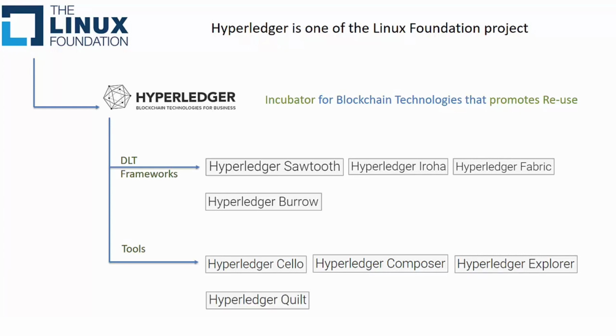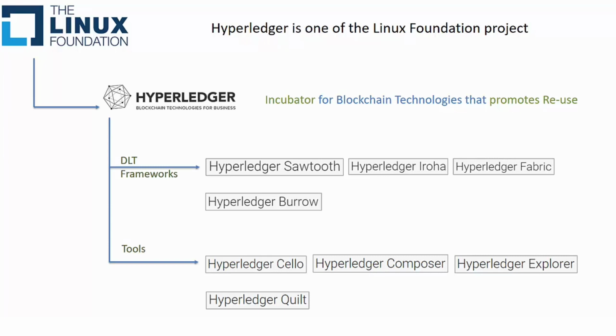Quilt aims to achieve interoperability between different chains. The idea behind all of these tools is that they will be reusable across the various distributed ledger technology frameworks. For example, irrespective of which Hyperledger distributed ledger technology you would use, you may use the Explorer to gain visibility into the transactions, blocks, etc.